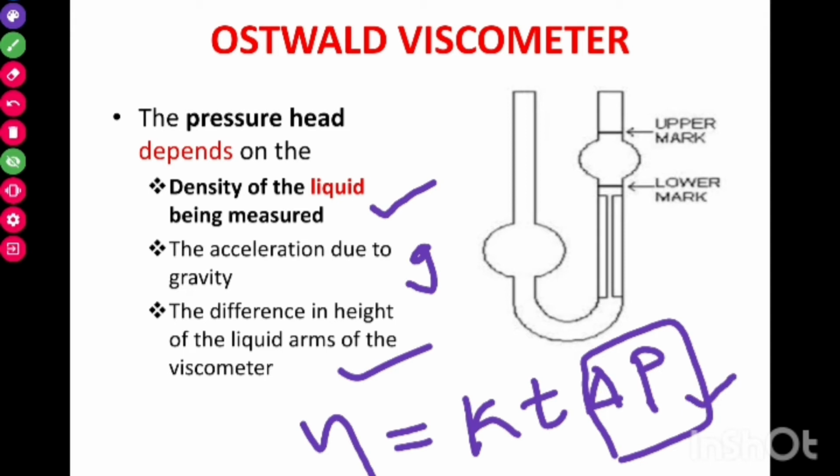What are the different factors influencing our pressure head? The first one is the density of the liquid being measured, the second one is acceleration due to gravity, and the third one is the difference in height of the liquid arms of our viscometer.